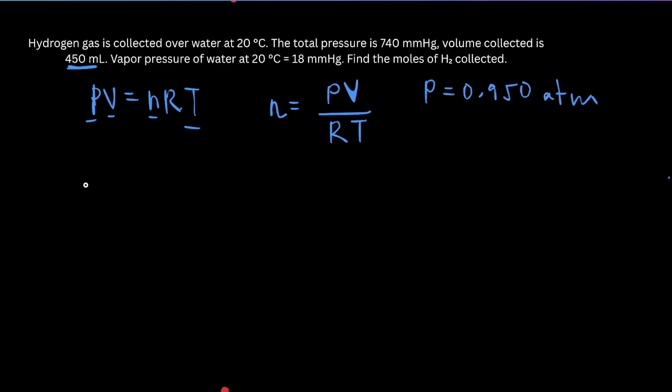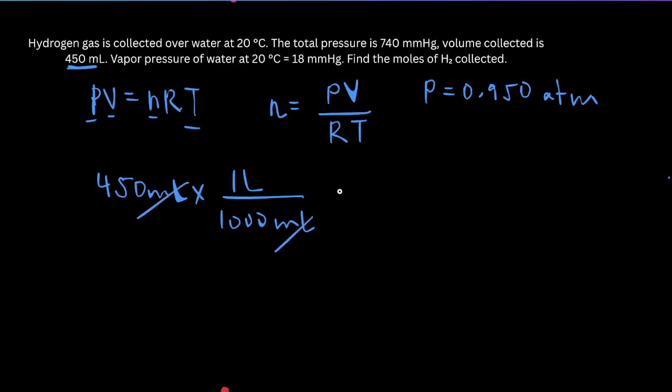What about our volume? We're given 450 milliliters, but when dealing with the ideal gas law, our volume has to be in liters. We know there are 1,000 milliliters in every liter, so we have 0.450 liters.